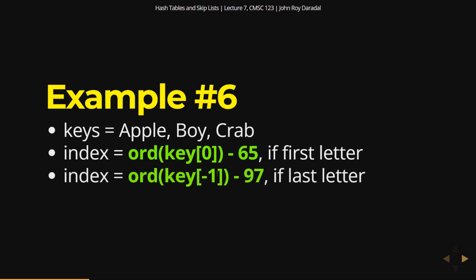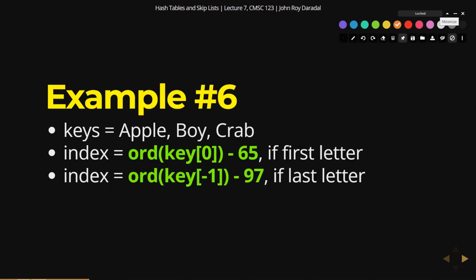But if you're using the last letter, which is in lowercase, then we'll have to use minus 97 because that is the value for lowercase a, remember. So it's either the first letter, key[0], or the last letter, key[-1], which is the last index.